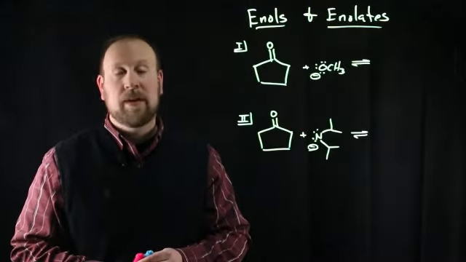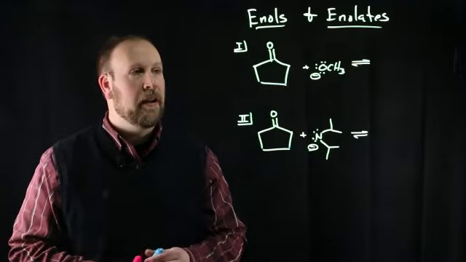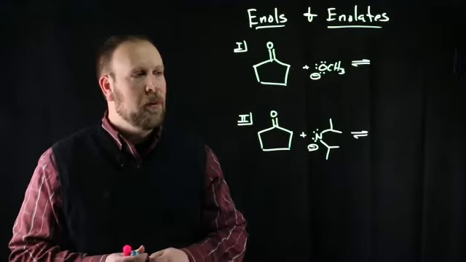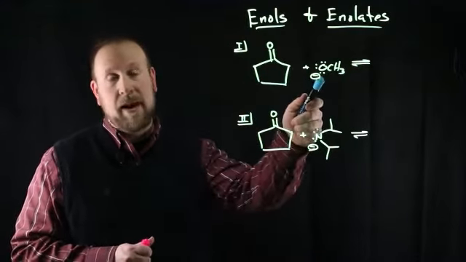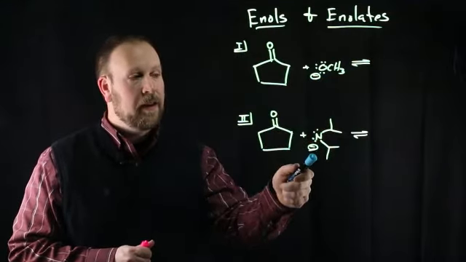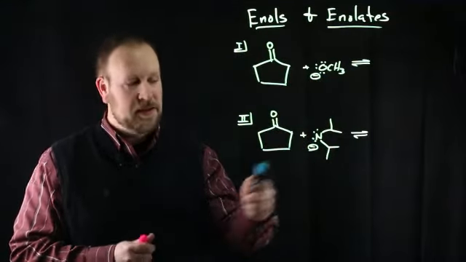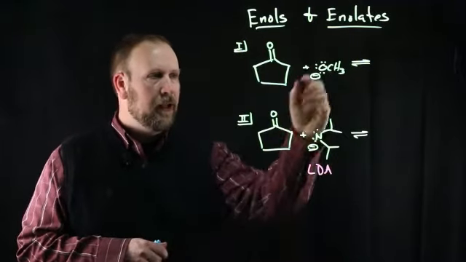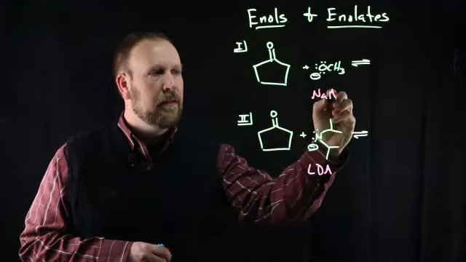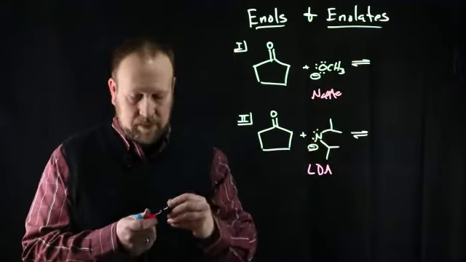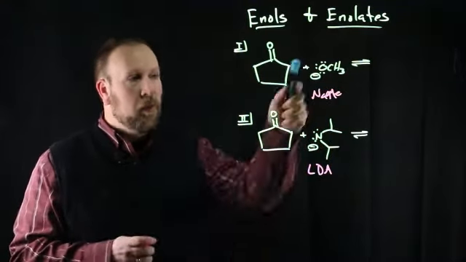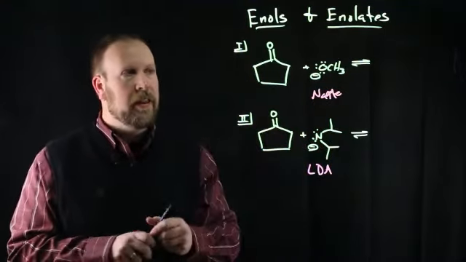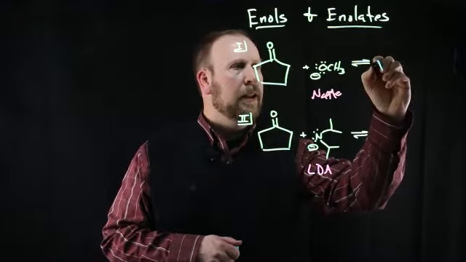So here we have two different acid-base reactions that we can look at. I'm using the same cyclopentanone, but I'm going to look at the difference between using methoxide as a base and this diisopropyl amide. So this is from LDA, lithium diisopropyl amide, and then this would be from sodium methoxide. Now in both of these cases, we can pull off one of these alpha protons to form an enolate.